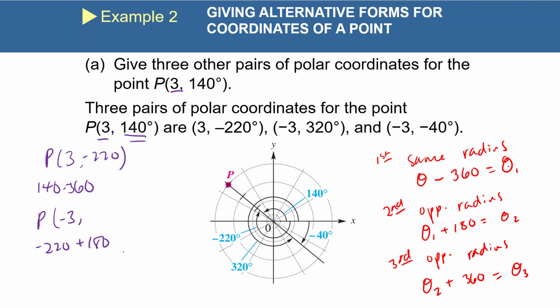Is that not a 2? How would you get the negative 2? It's the opposite radius. So your first one is the same radius. The 3 came from here, and it gave us our radius of 3. Where do you see 320?